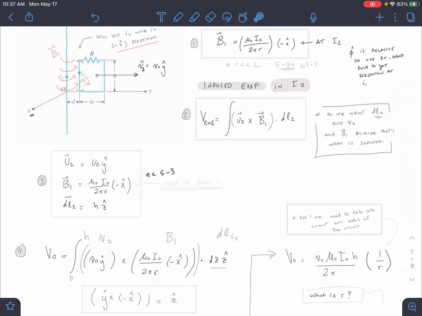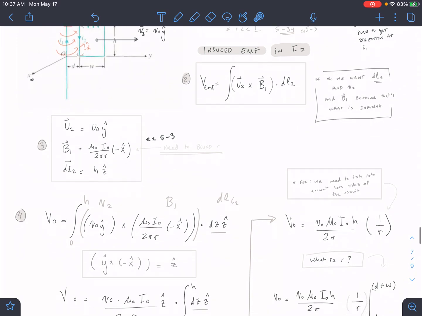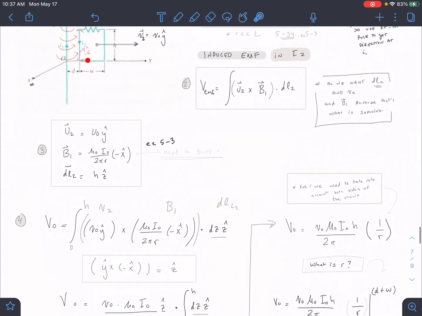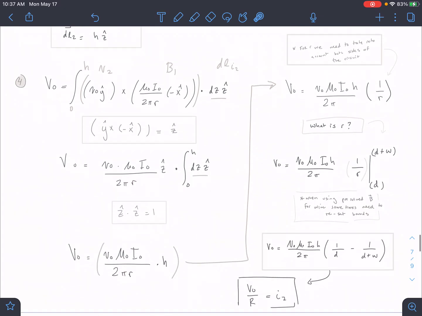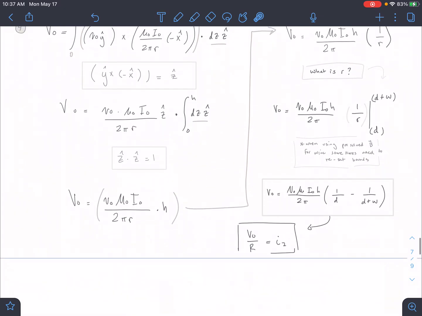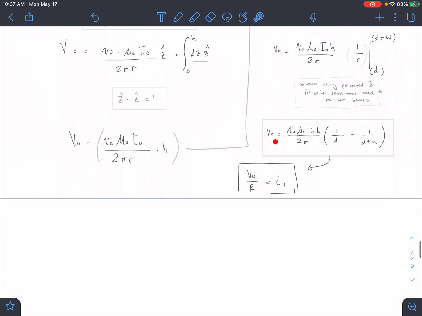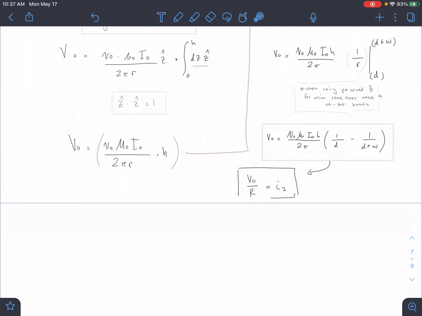So we have here and here, right? So what we're going to need to do is basically bound r. So we're bounding it from D to D plus W, okay? So we're moving across the loop, essentially. So that's going to turn into 1 over D minus 1 over D plus W for our voltage here, okay? And this is our general expression for V EMF.